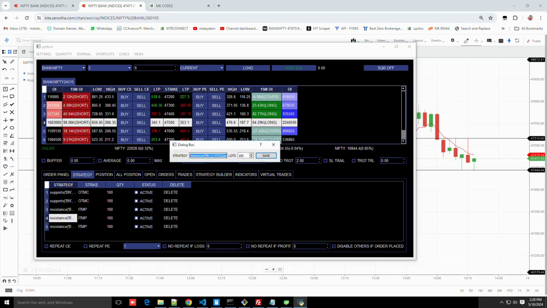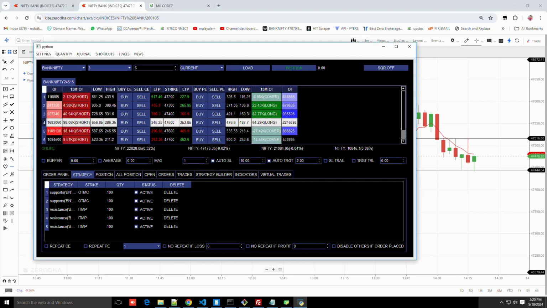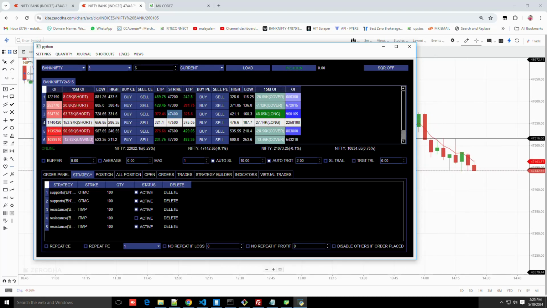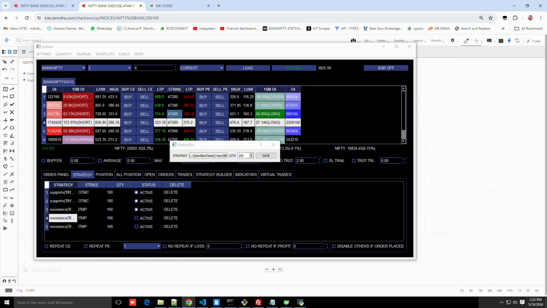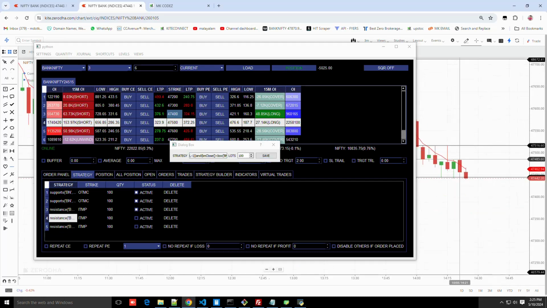Let's see how this strategy works. Okay, our strategy's order is executed, but it doesn't seem like an engulfing or hammer pattern. Let's reload the chart. Okay, yes, it's a bearish engulfing pattern, and at the same time it's also an inside candle pattern.